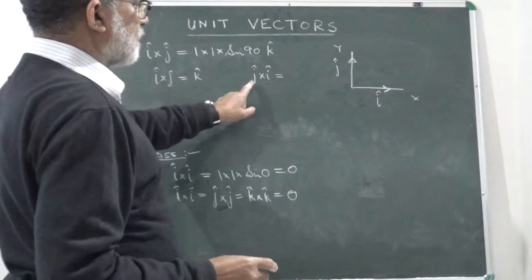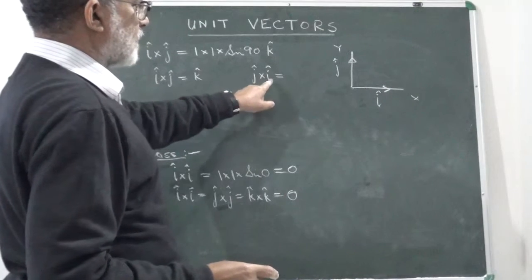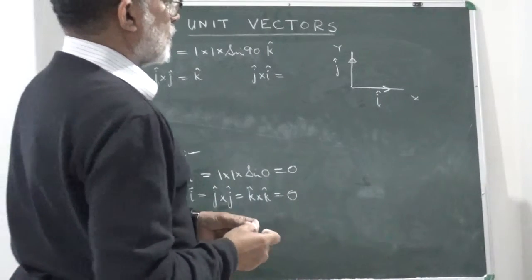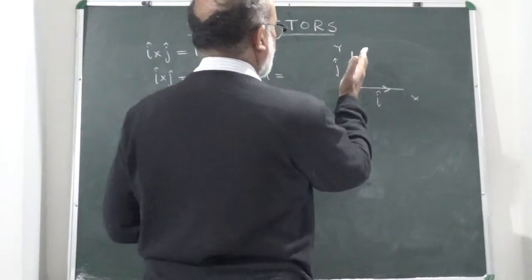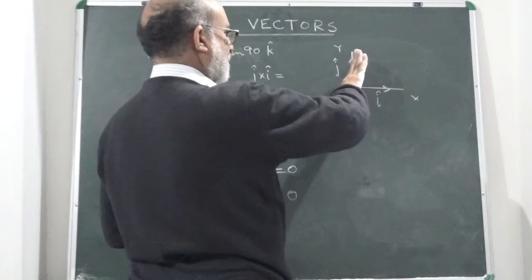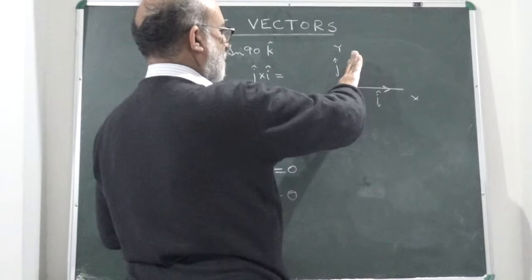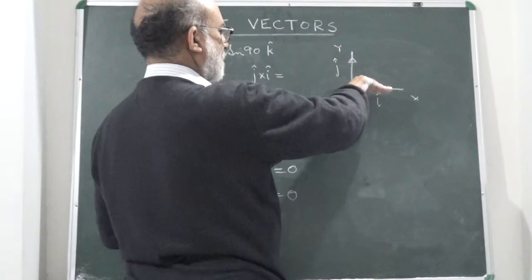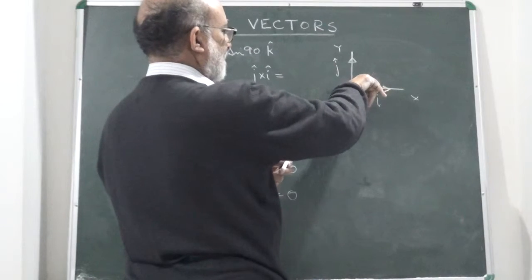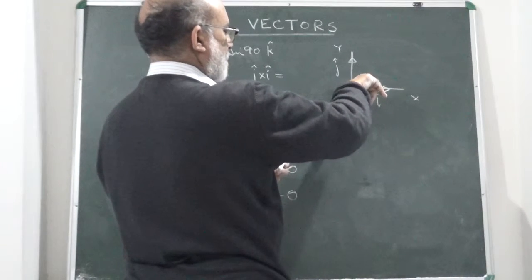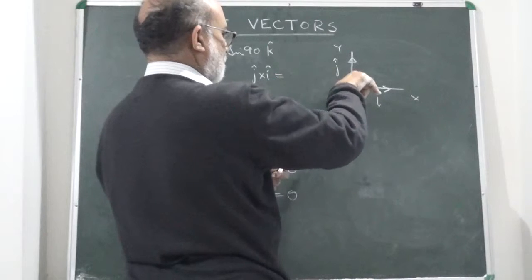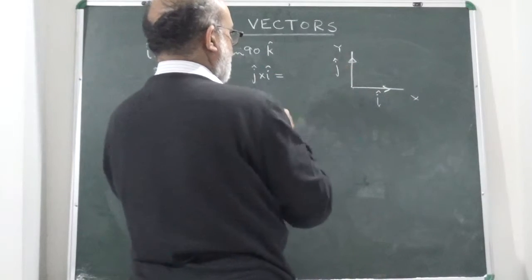You have to put your right palm on j and rotate your fingers to align along i, so you rotate through the smaller angle. The cross product j cross i points inward, which is minus k.